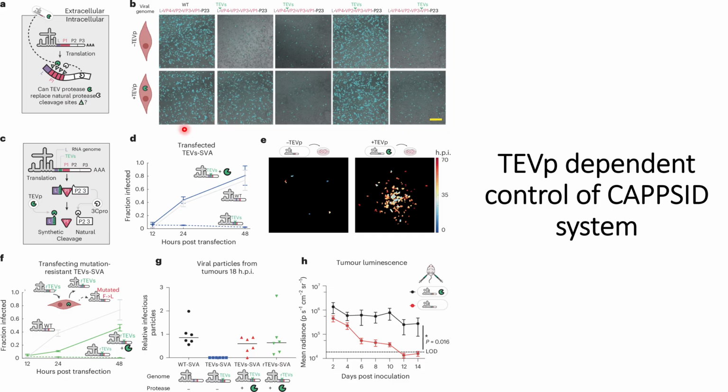So for that, what they did is they modified the structural proteins' cleavage site with this TEV protease site. In the virus that they are using, it generally produces one big polyprotein, and that cleaves at different sites.